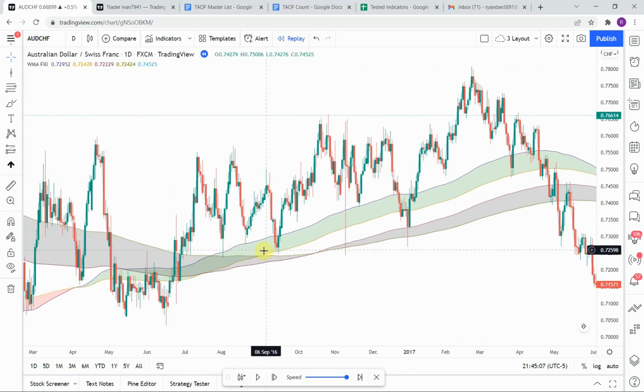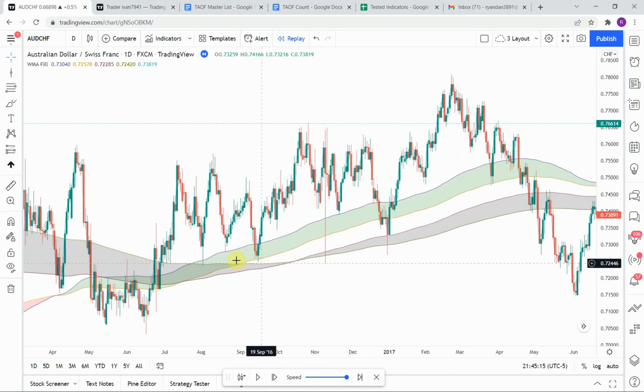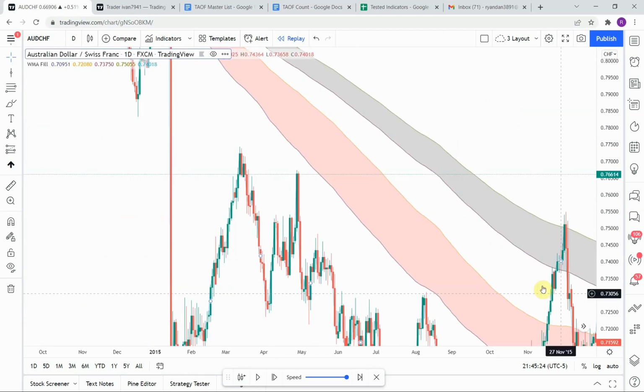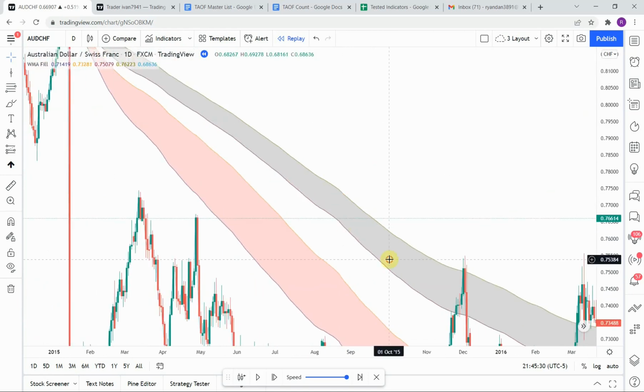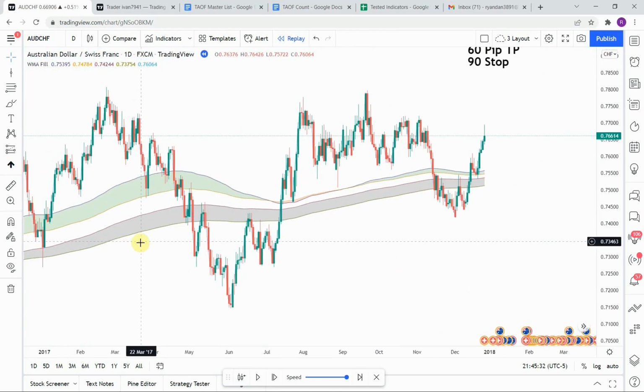We're looking for it to break out either completely above or completely below the slower cloud. And so like right here, for example, you can see that both of the lines break out to the upside. Then we would go long. On the reverse side, if it gets a break to the downside like this, then we would go short.